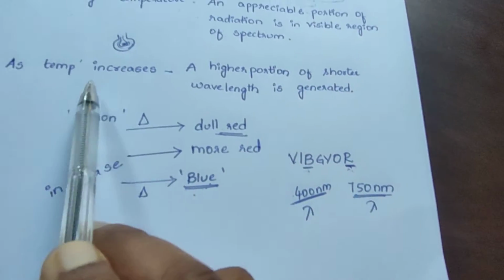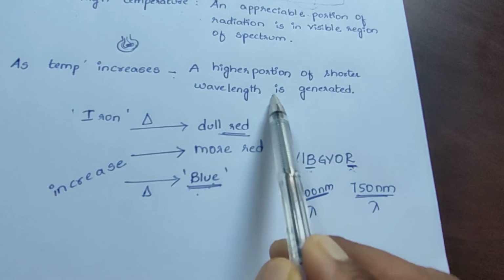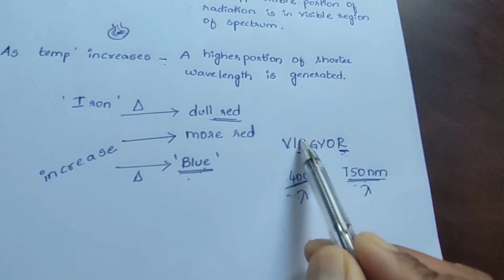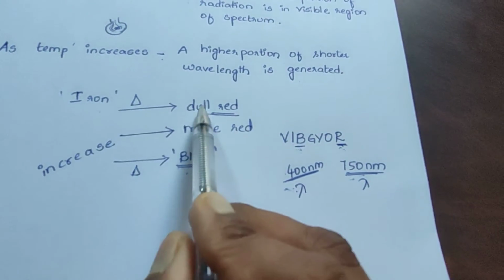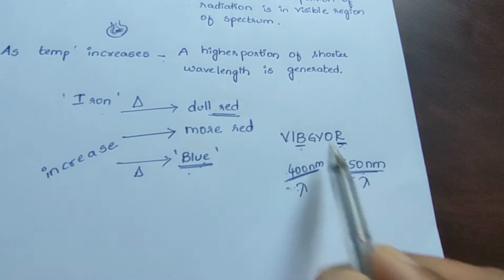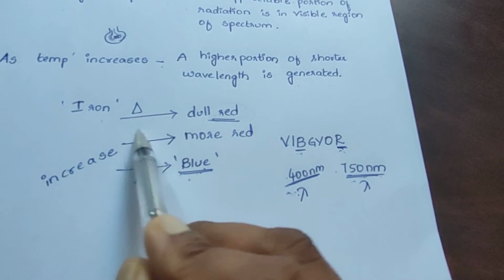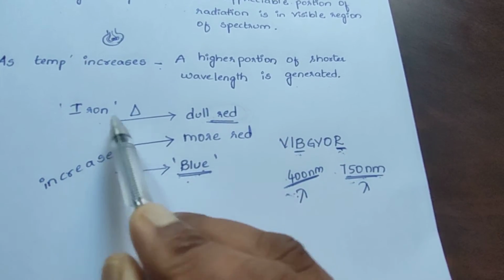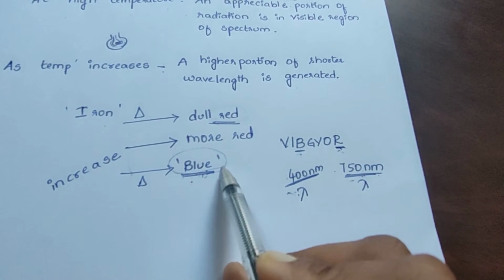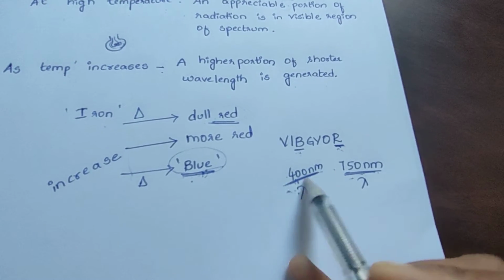As temperature increases, a higher portion of shorter wavelength is generated. Here the shorter wavelength is blue. Initially the iron rod turns red, which has a longer wavelength of about 750 nanometers, and as we increase its temperature, it starts emitting electromagnetic radiations in blue color, which corresponds to the shorter wavelength of 400 nanometers.